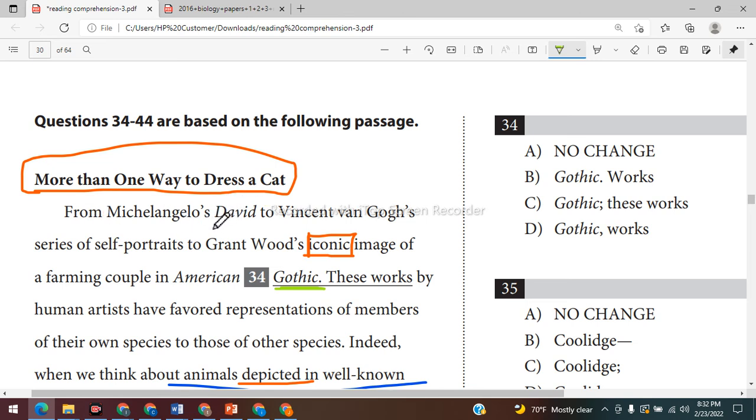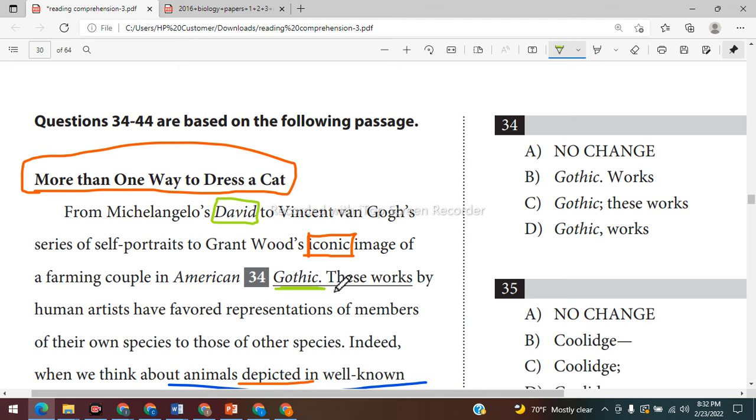This is the name of the artwork, that's why it's in italics, slanted. From Michelangelo's David, to Vincent van Gogh's series of self-portraits, to Grant Wood's iconic image of a farming couple in American Gothic. So why are we continuing?